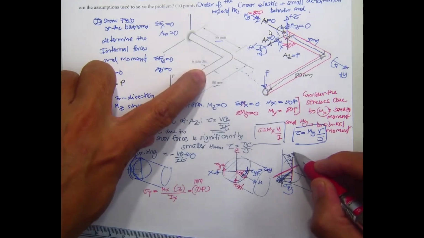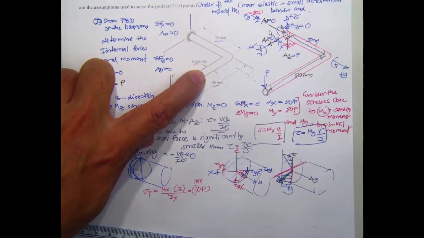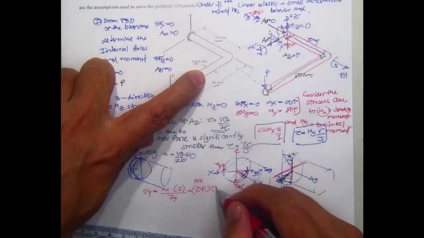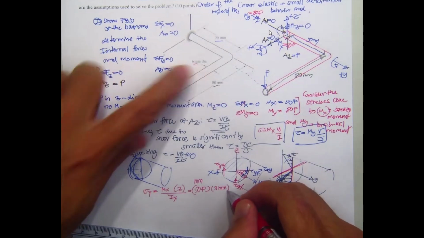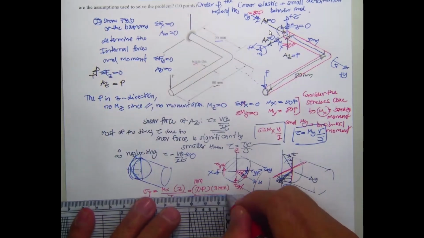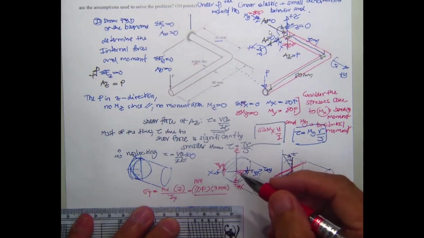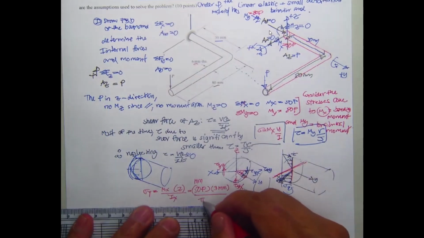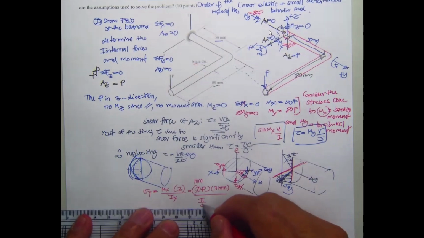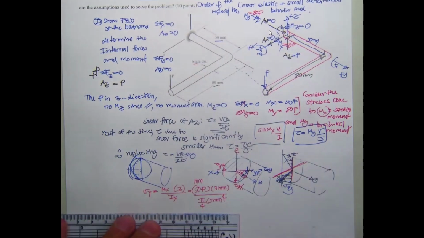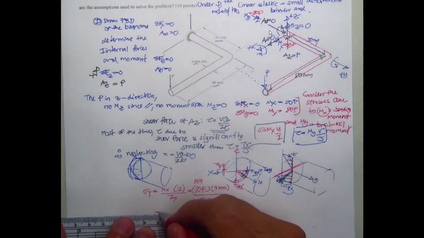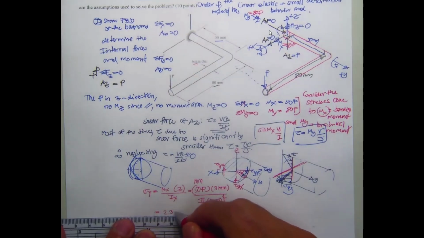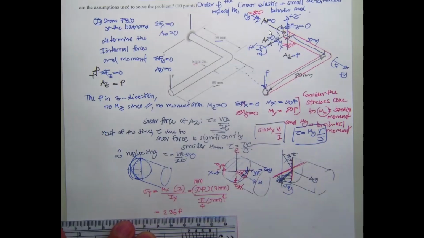Okay, over here, this is 6 millimeter, so it's going to be 3 millimeter, and then divide by the moment of inertia of the section, pi over 4 times 3 millimeter to the power 4. Then you should get 2.36 P, and everything in millimeter.